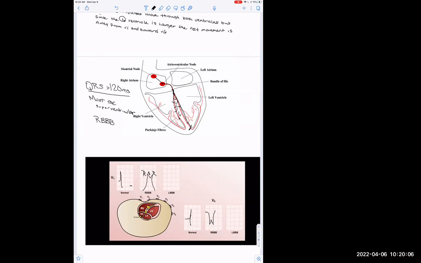But on the right side, the impulse propagates as normal. Okay, so what does that look like on an EKG?